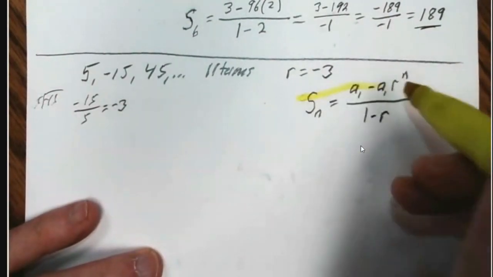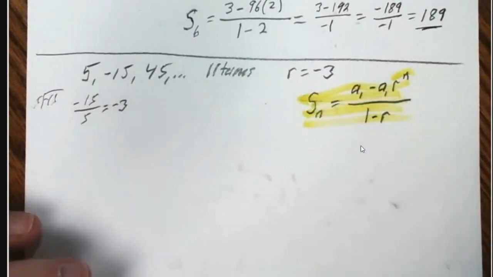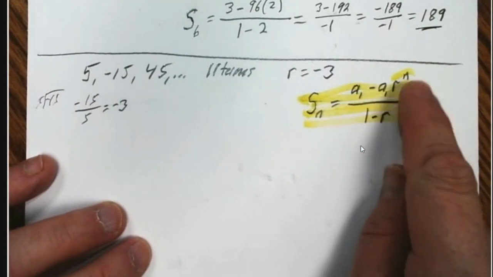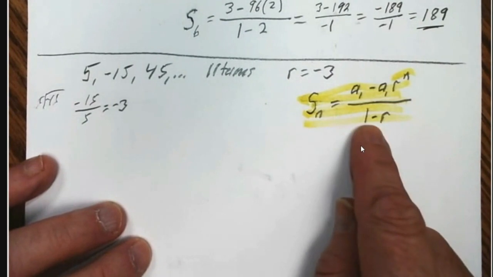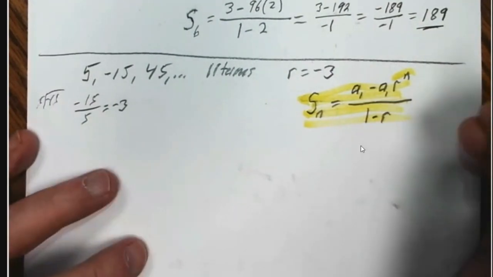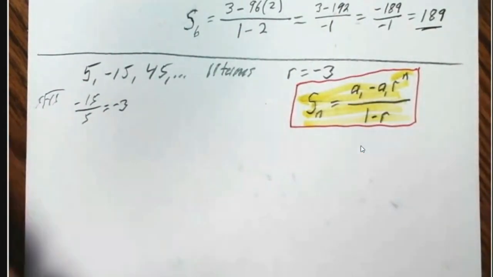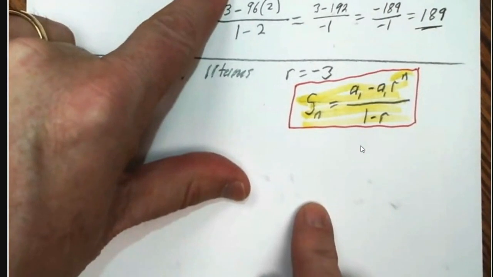S sub n equals first term minus the first term times the ratio raised to the power of n, over 1 minus r. So very similar to the other equation we already had. The only difference is this one uses A sub n times r.